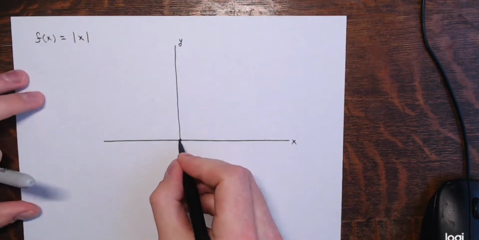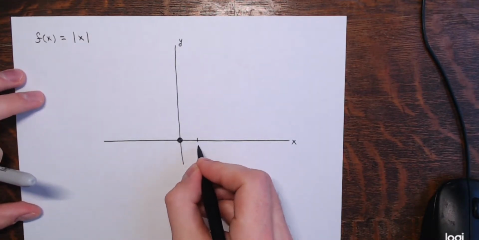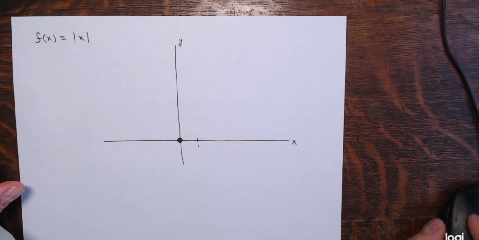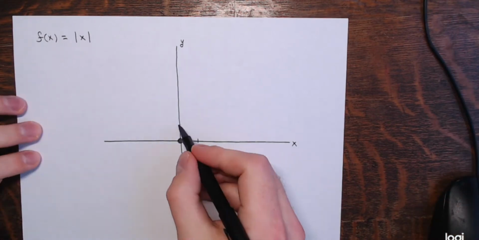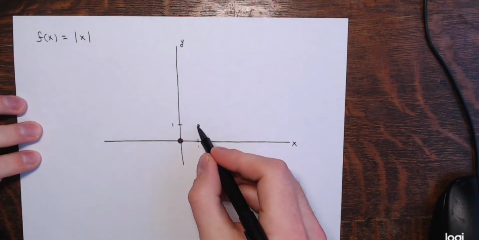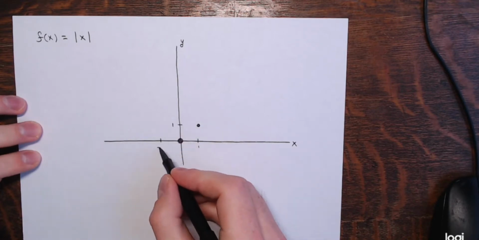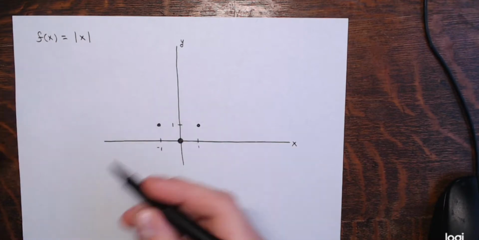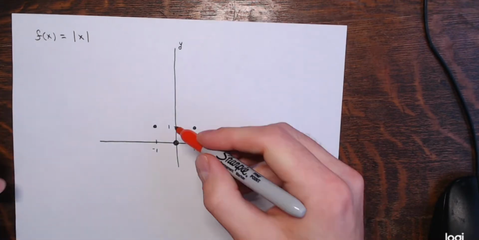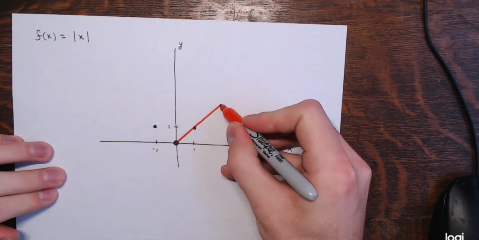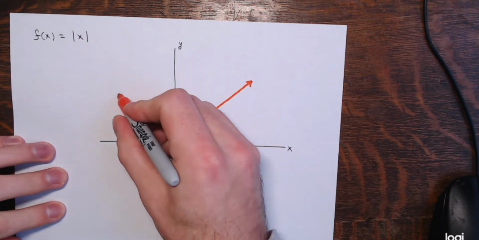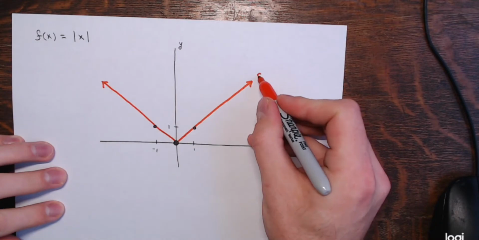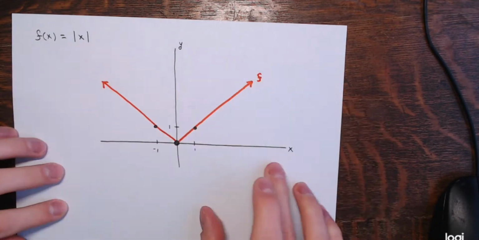So you've got 0, 0. The absolute value of 1 is 1. And the absolute value of negative 1 is 1 as well. And just like in the picture they gave us, it's this V-shaped graph here. So there's the graph of f, f of x equals the absolute value of x.